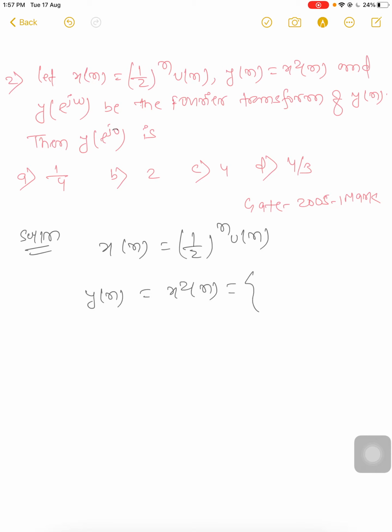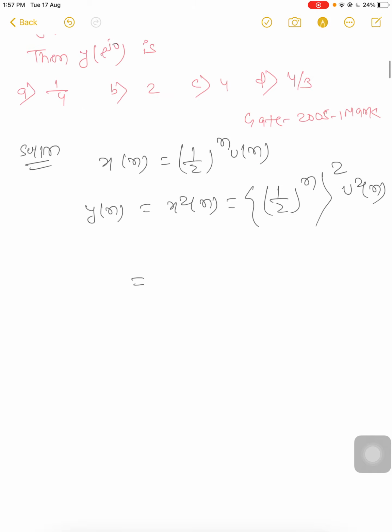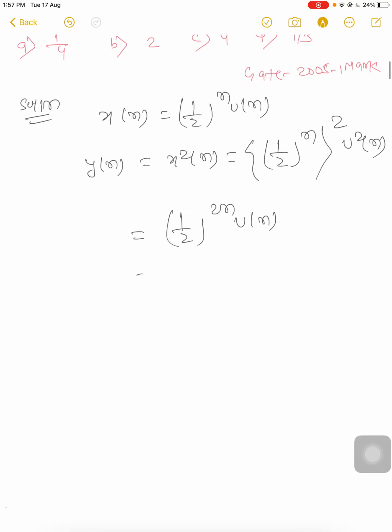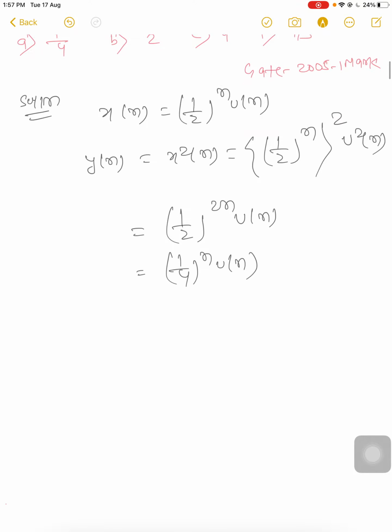Then what will happen? (1/2)^(2n) u[2n], and u[2n] will be u[n], and here it will be (1/2)^2 to the power n u[n], and it will be (1/4)^n u[n].